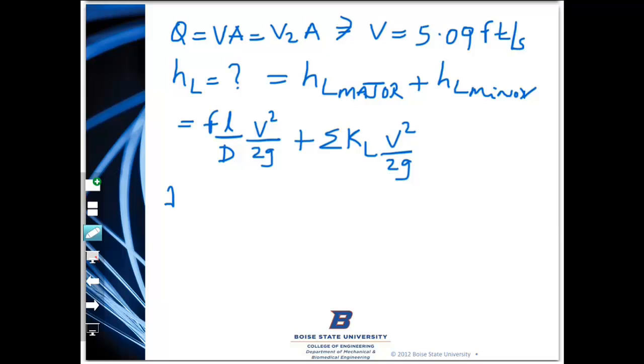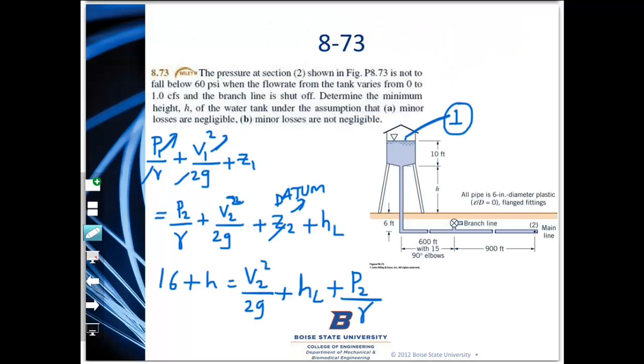So for part A, they told you to assume the minor losses are 0. Also, if you look at the figure, they're talking about plastic pipe and flange fittings, and they gave you epsilon over d, which is relative roughness, equal to 0. That means we're talking about a smooth pipe here.